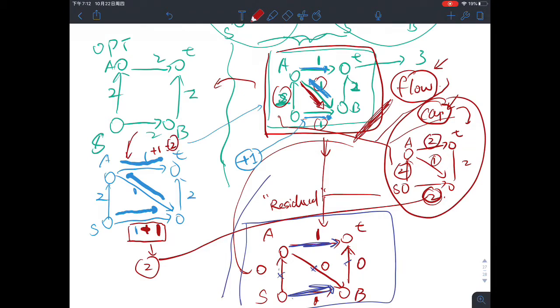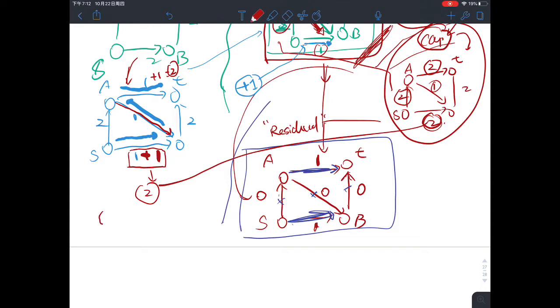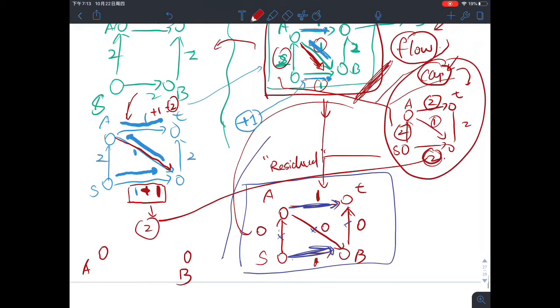The very central observation here is about the flow that's moving along this edge. You can imagine the pipe that's connecting A to B. Before I add this 1 unit of flow along the blue path, I have 1 unit of flow moving from left to right.